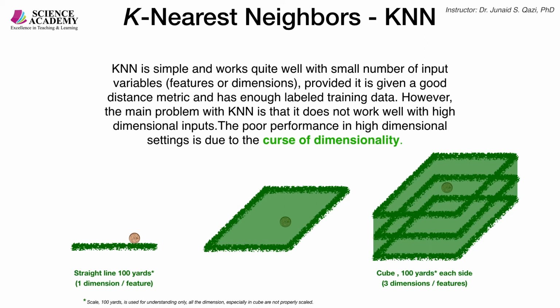Now let's say you have a square 100 yards on each side. So you have 2 dimensions here. You dropped a penny somewhere on it. It would be pretty hard, like searching across 2 football fields stuck together. It could take days. So now, what if you have a cube with 100 yards along each side?